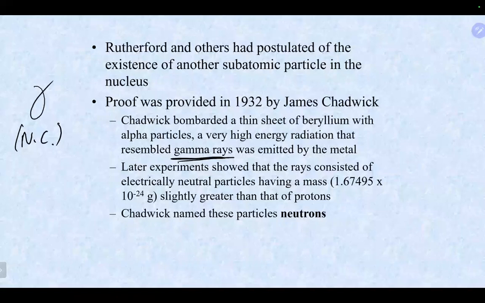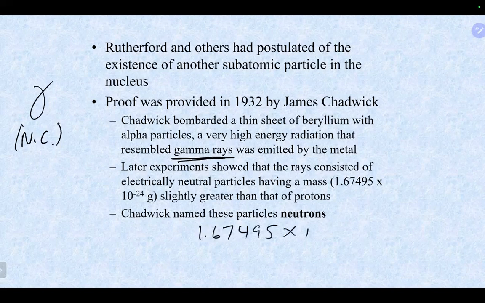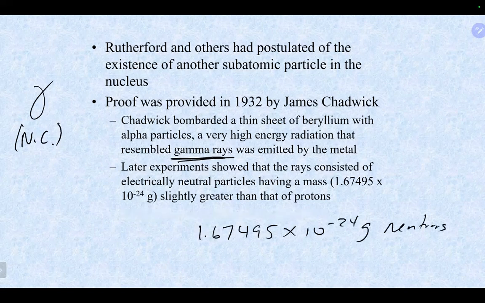Later experiments showed that these neutrons had a mass of 1.67495 times 10 to the minus 24 grams. Now you may be wondering, why do they take it so far out?